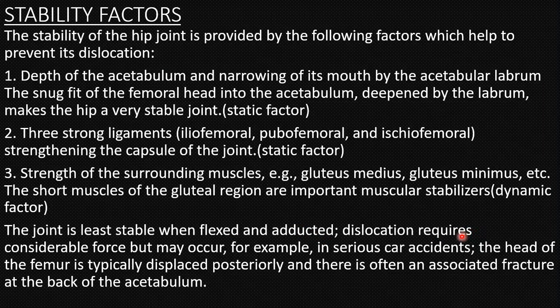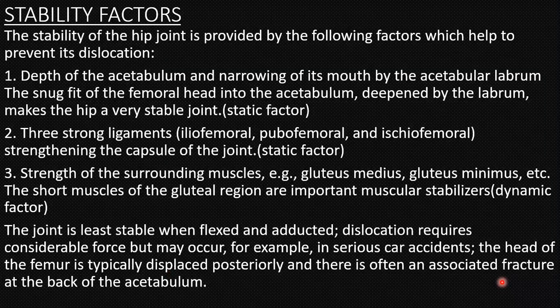Dislocation of the hip joint requires a considerable force. It is very rare you hear someone has dislocated the hip joint. But it may occur in serious accidents where the head of femur is typically dislocated posteriorly, and often there is an associated fracture at the back of the acetabulum.